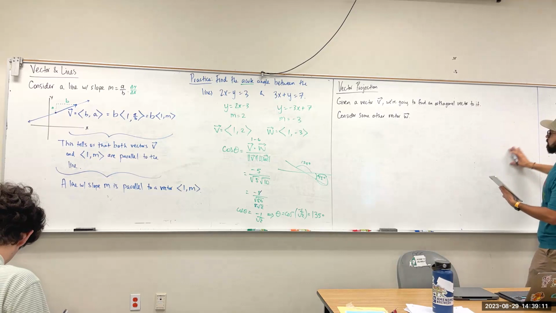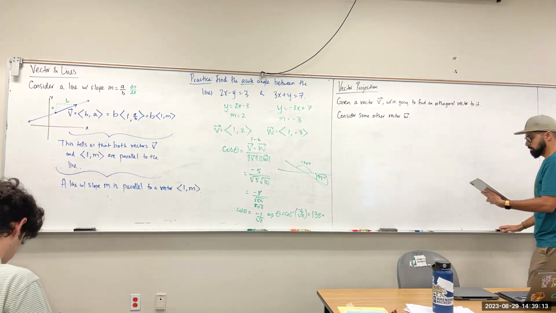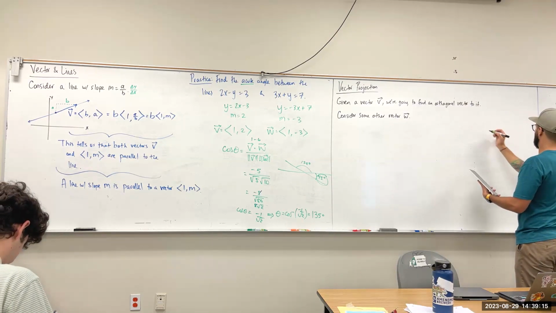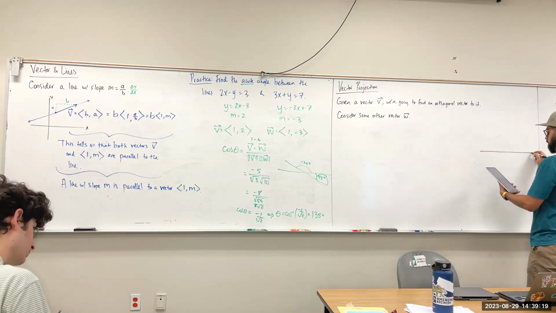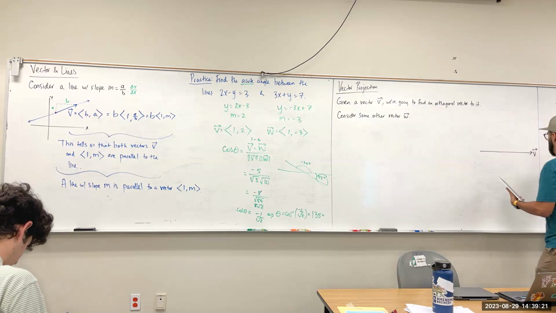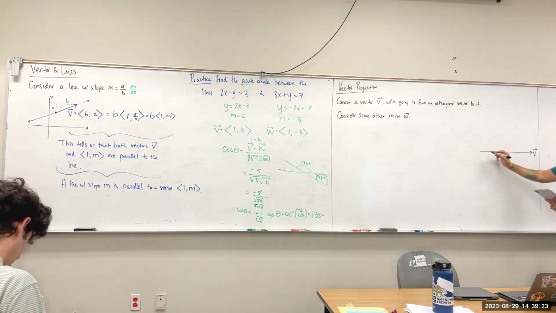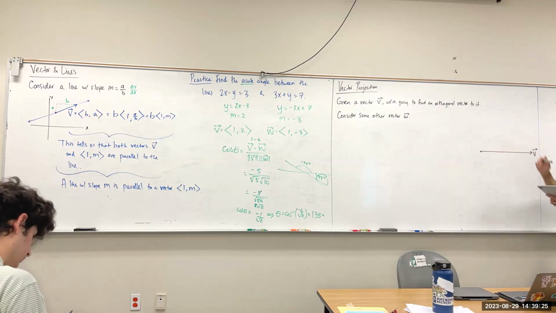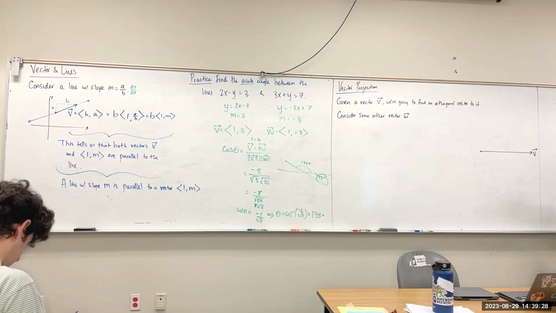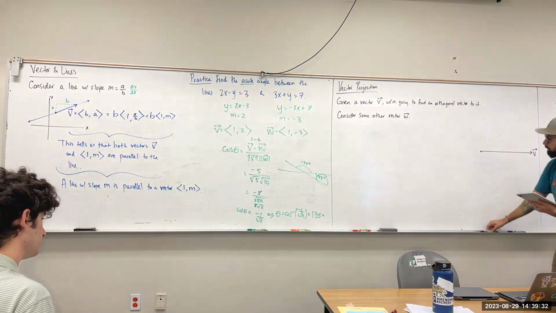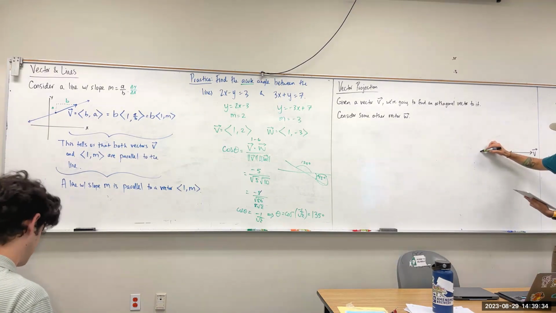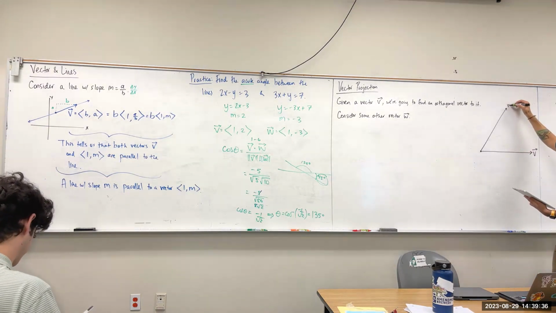If you can, draw a picture somewhere around here in your notes. Make it big too, okay? You're going to label it a lot. So I got my vector, here's my vector V. And this is the power of what we're going to do. I can then pick any vector, let me do this one, W, and let's just say it's right here.